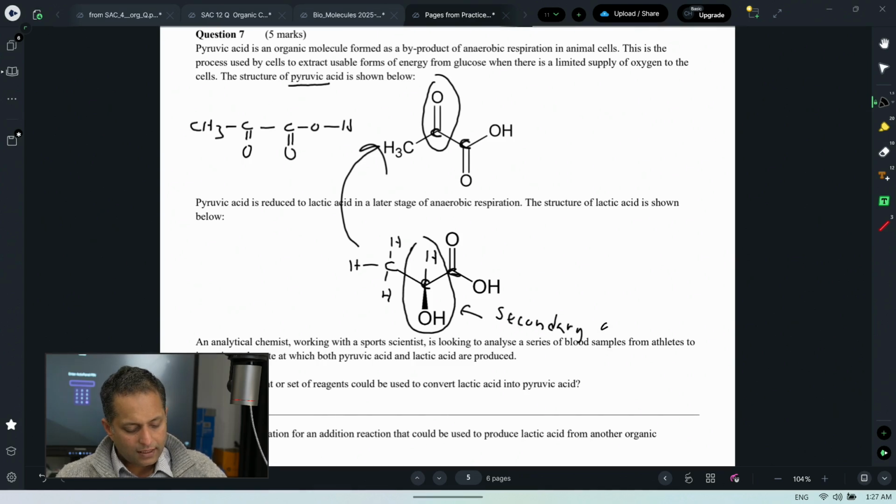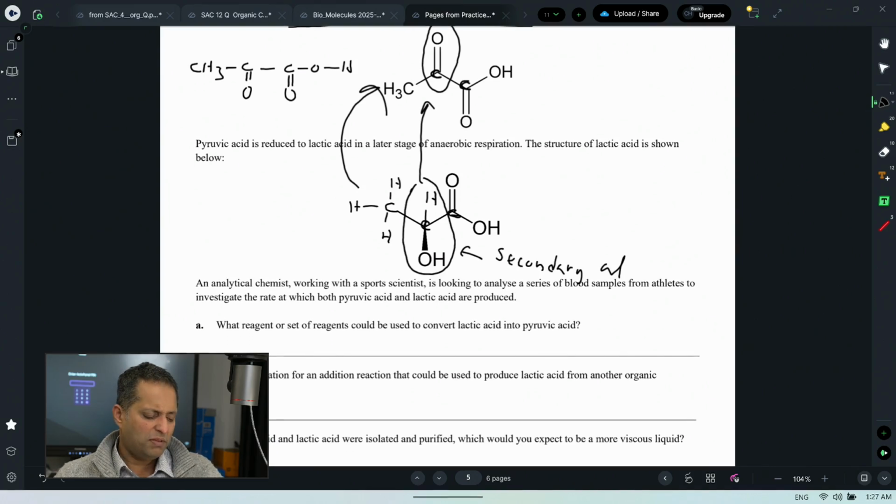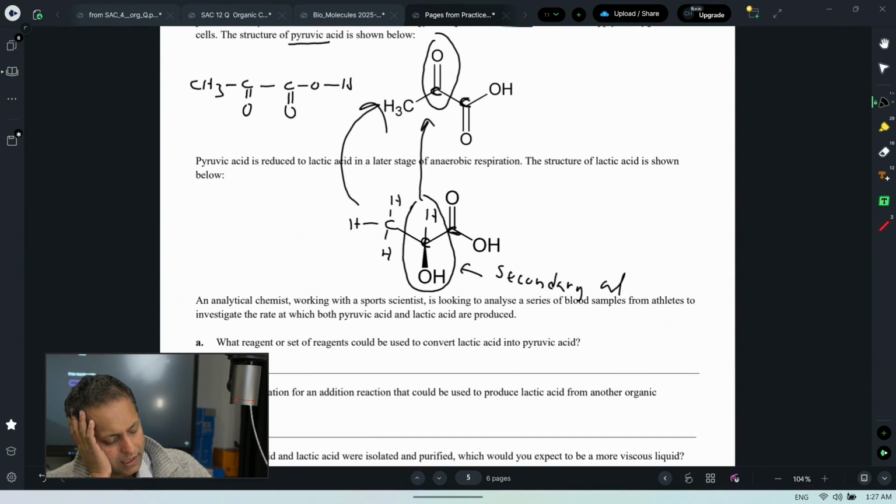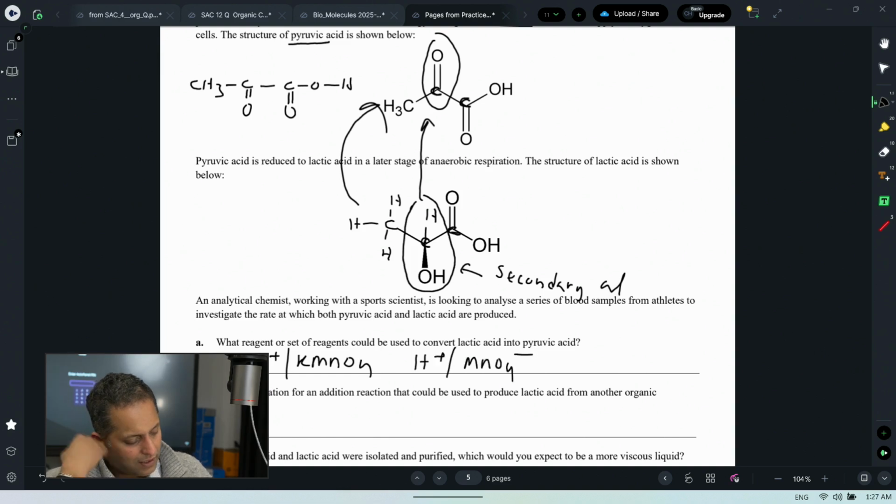So that part becomes a ketone group. That's simple. In order to convert that part into the other, you need acidified potassium permanganate, KMnO4, or acidified potassium dichromate. Or you could write H plus slash MnO4 minus as well.